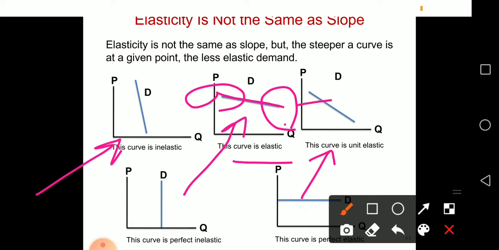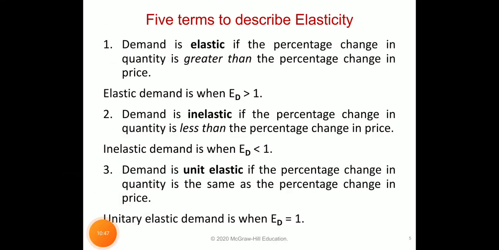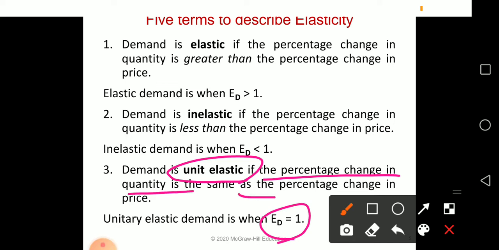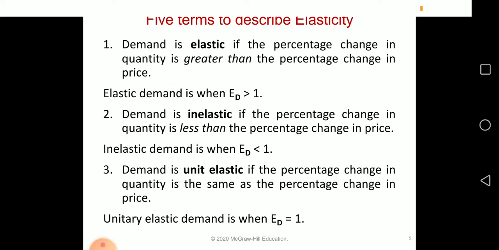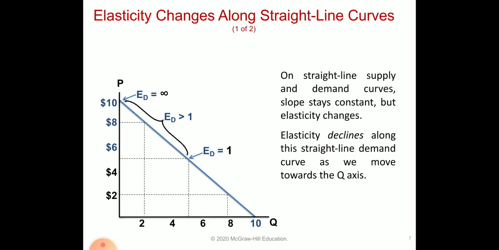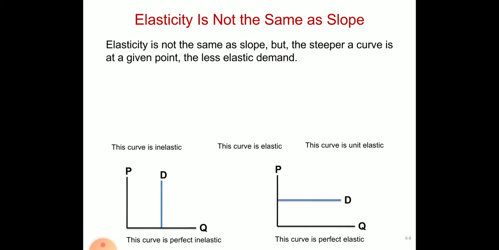When I say unit elastic or equal to one, the percentage change in quantity is the same as the percentage change in price. What if I say this one? Let's go back. This one.